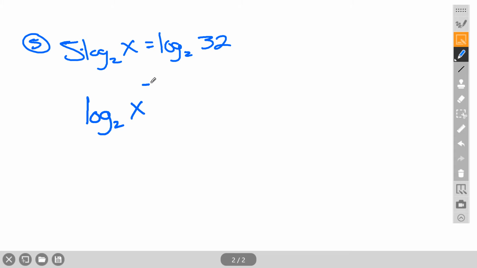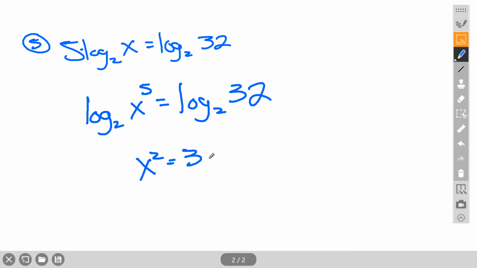This can be log base 2 of x to the 5th equals log base 2 of 32. Now that these are both log base 2, I can set the insides equal to each other. Whoops, that's not a squared, that's a fifth. X to the 5th is equal to 32.